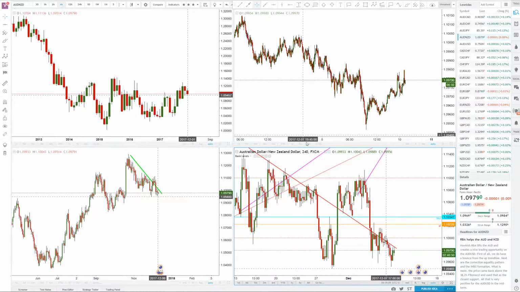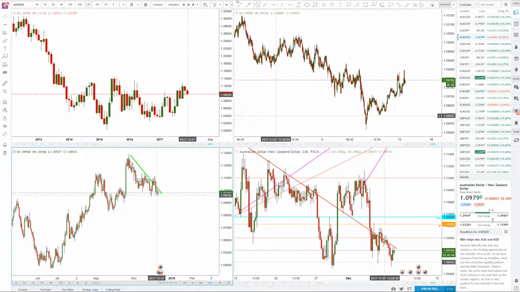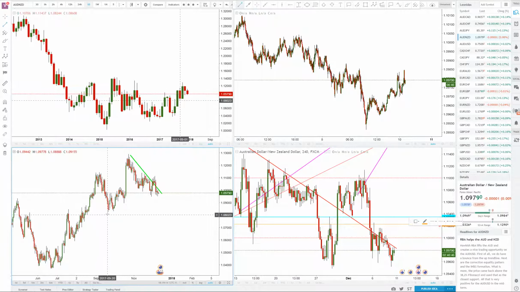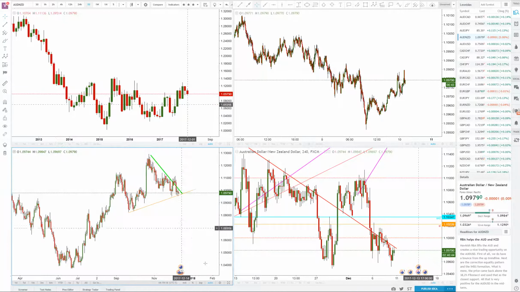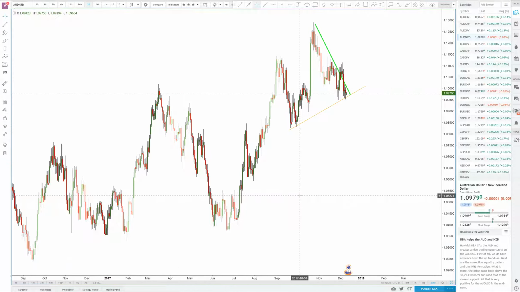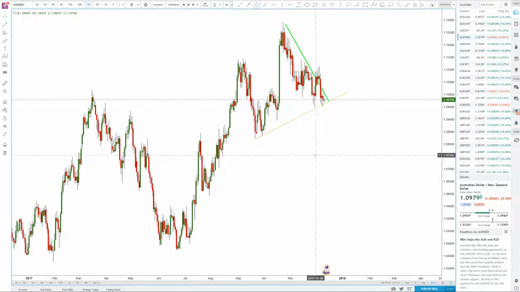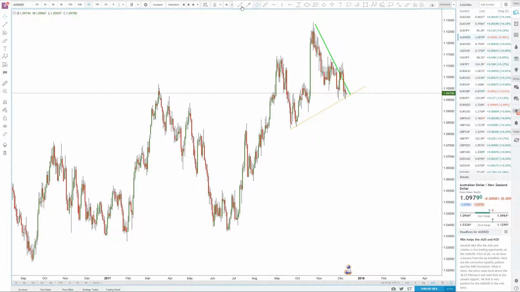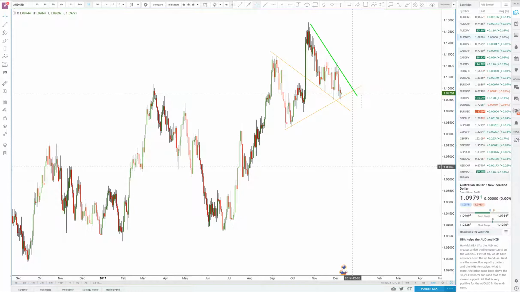And the last one here is AN. And I'm saying I'm going to go down. What we need is to break this. Okay. We need to break this little triangle. All right. And then once we do, we can go lower.